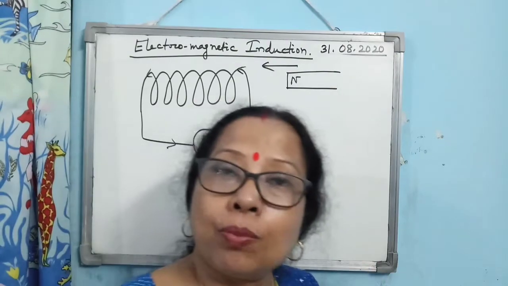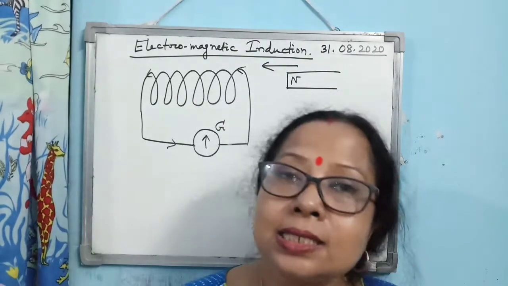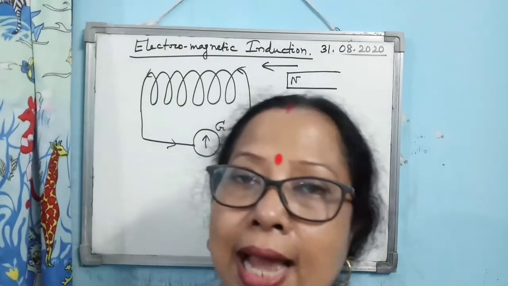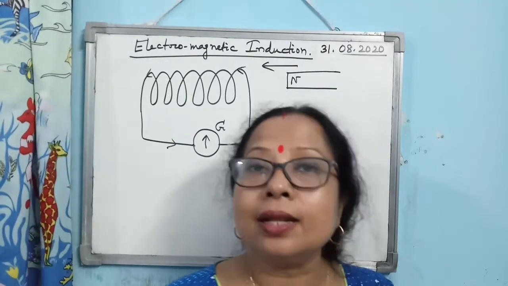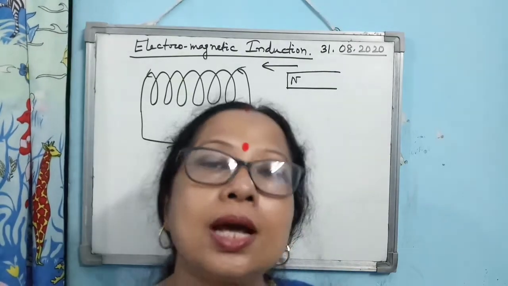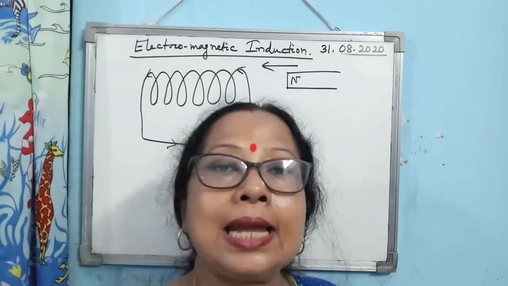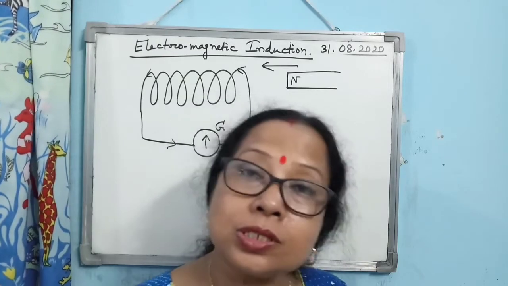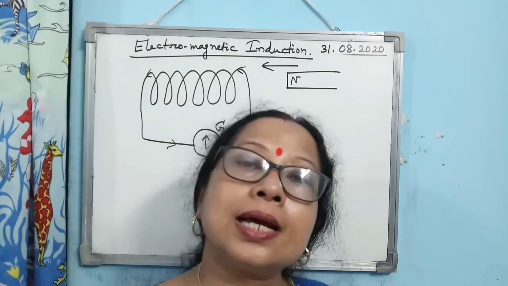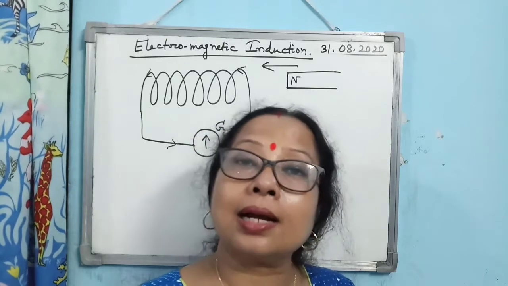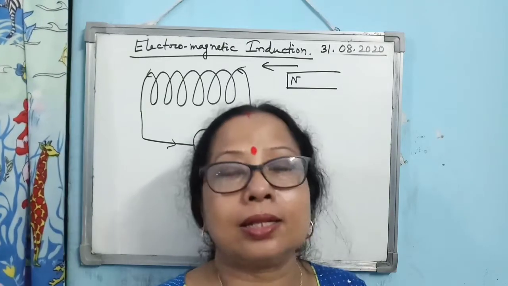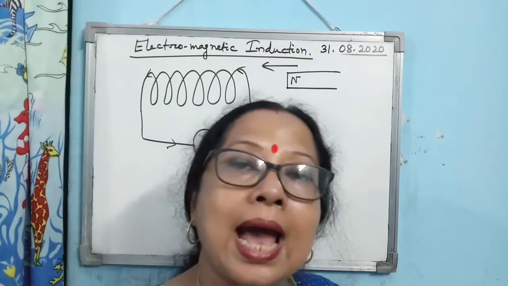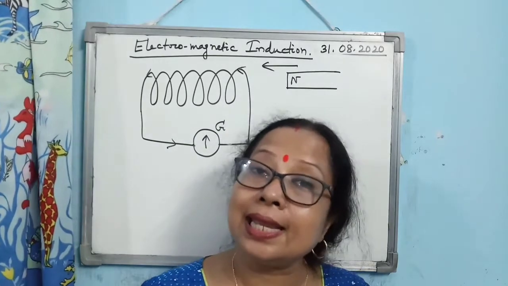So this phenomenon is known as electromagnetic induction. I repeat, when the magnetic flux linked with the coil changes, then an EMF will be induced in the coil, and if the circuit is closed, then a current will pass through the circuit. This phenomenon is known as electromagnetic induction.